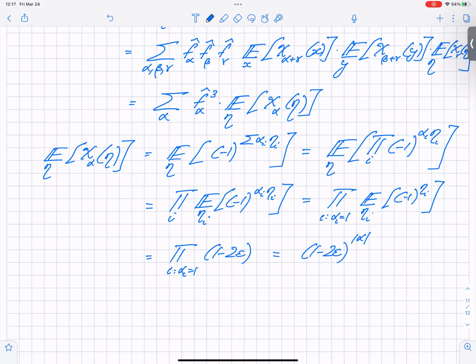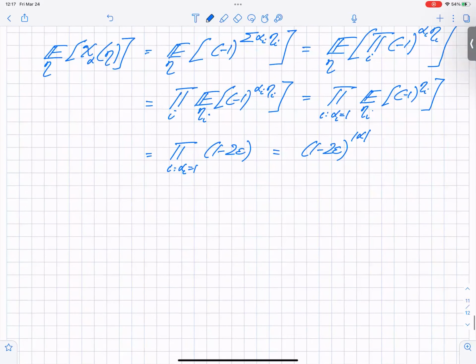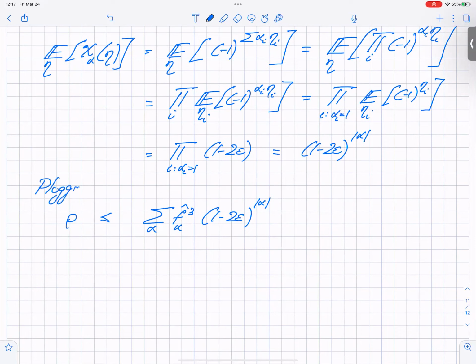Then going back to what we had: rho is less than or equal to the summation over alpha of f hat alpha cubed. I'm going to plug this back in. You want to break this up based on the support of alpha, but I'll just write it as an expectation.